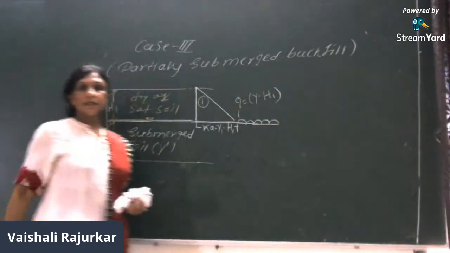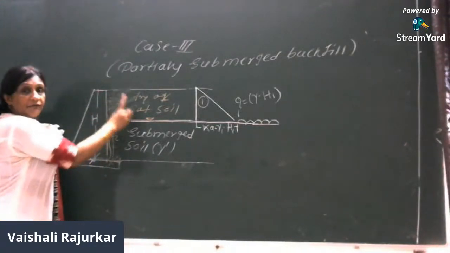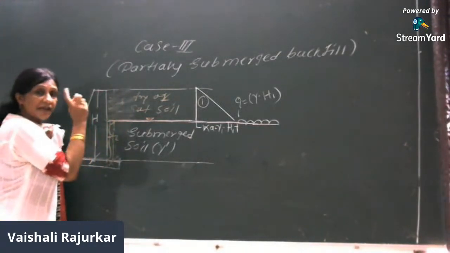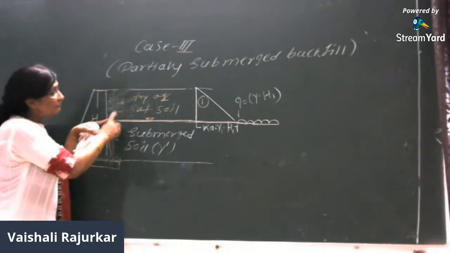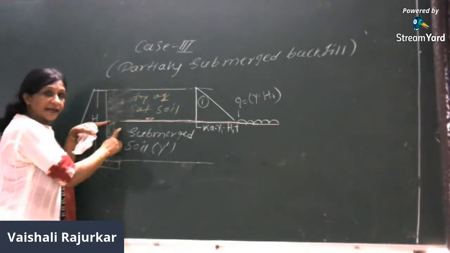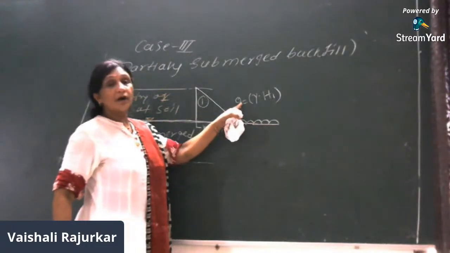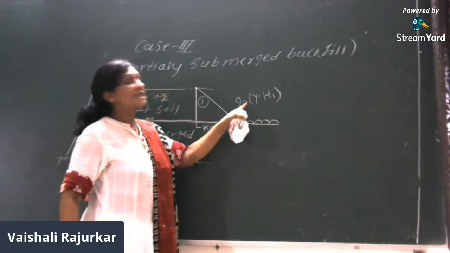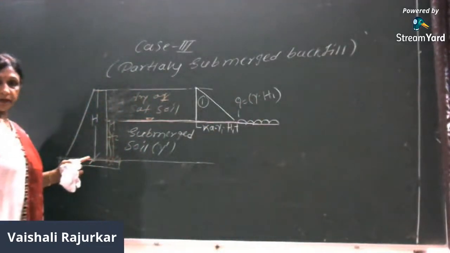Q is the intensity, or this will be the weight of the soil which is available in the first layer, acting as a surcharge placed over the interface of first and second layers, where the intensity Q is equal to gamma into H1, right?